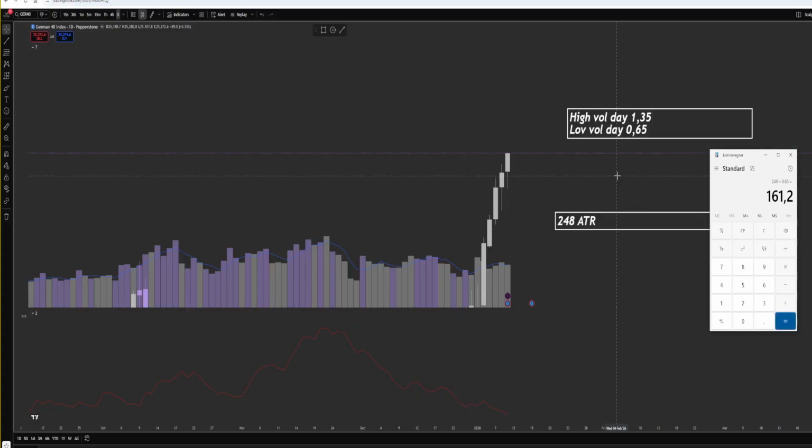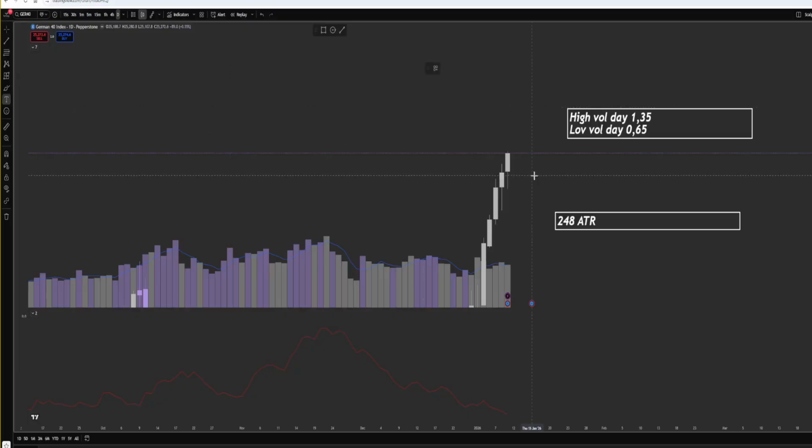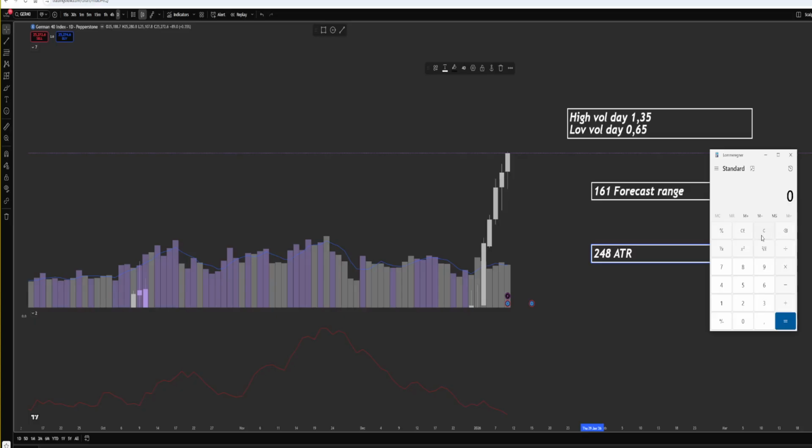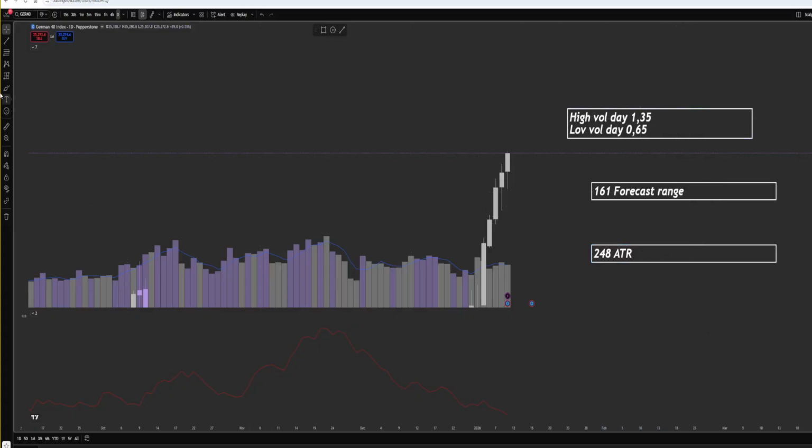That gives us 161 in forecast range, or if we have taken the other one, that gives us 334 in forecast range.